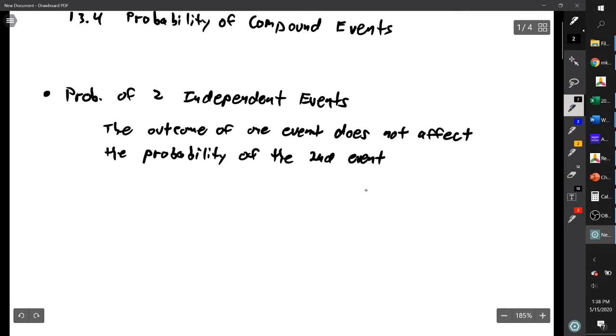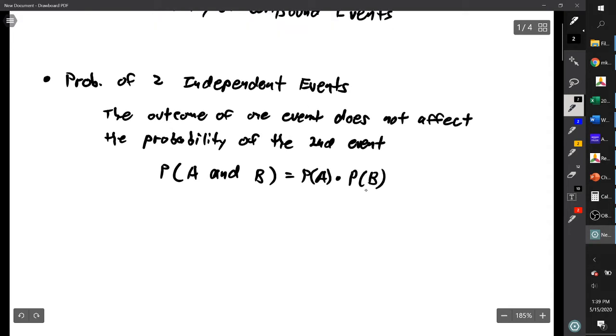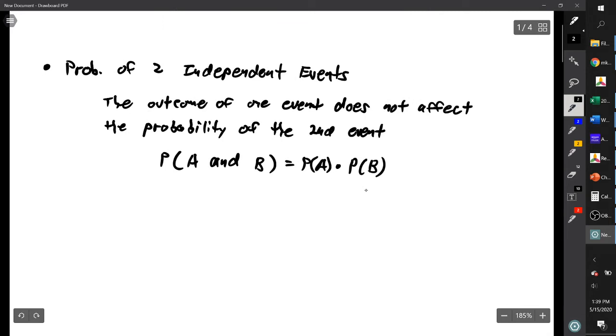Okay? And the formula that we have here is P of A and B. Sorry, that should be a capital A. P of A and B is equal to P of A times P of B. So you just multiply the probabilities of however many different events you're looking at.